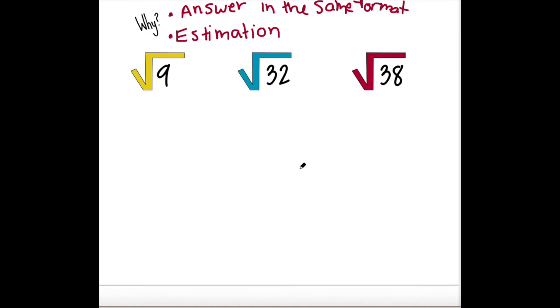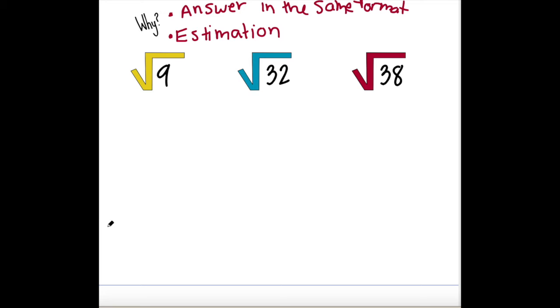All right, let's take a look at 3 examples of simplifying square roots. Once again, we're going to come back to our perfect squares. I'll write these across the bottom so that we can look back at them as we do each problem.